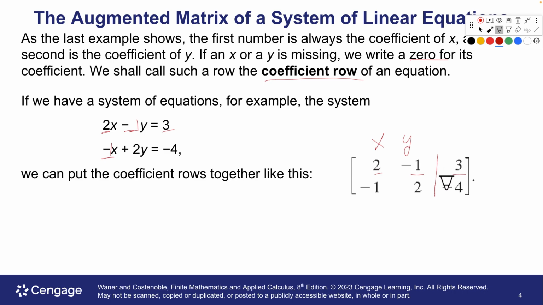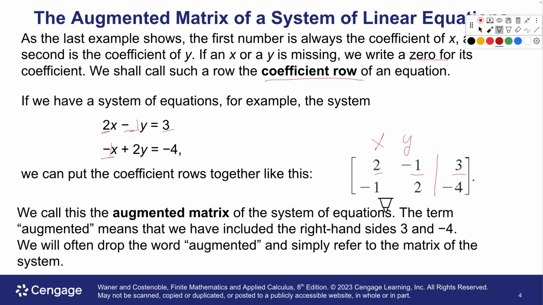If you find it helpful, you're welcome to do that as well, recognizing that we're using this matrix in a special way now. We can call it an augmented matrix, or sometimes we just drop the word augmented, but we've got the answers as well as the variables there.